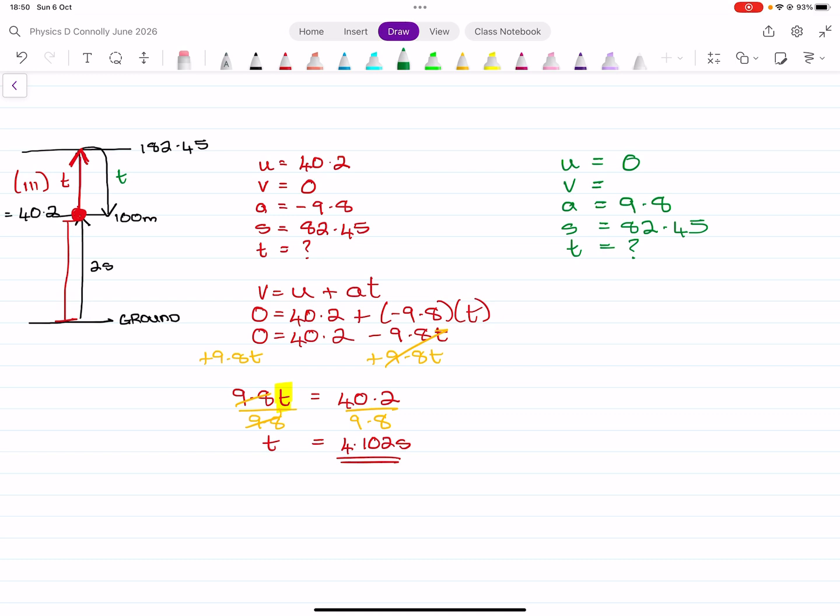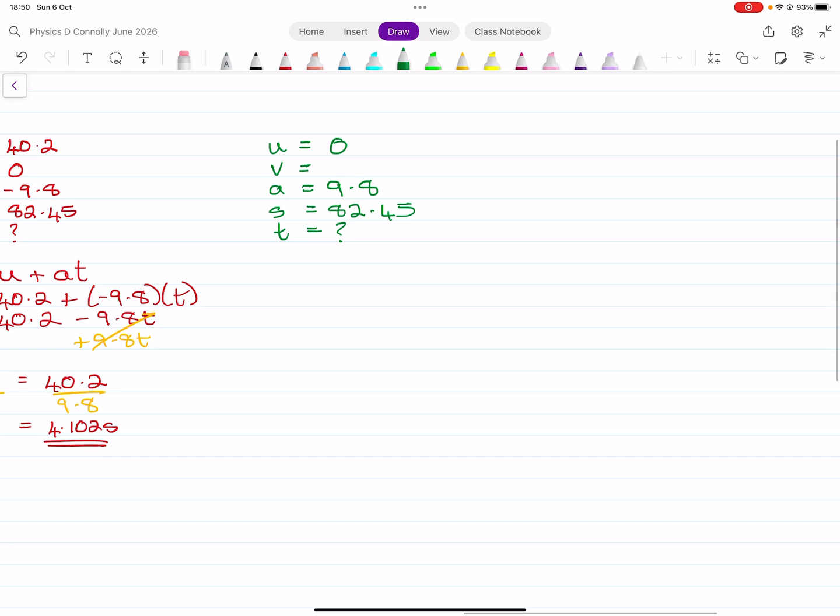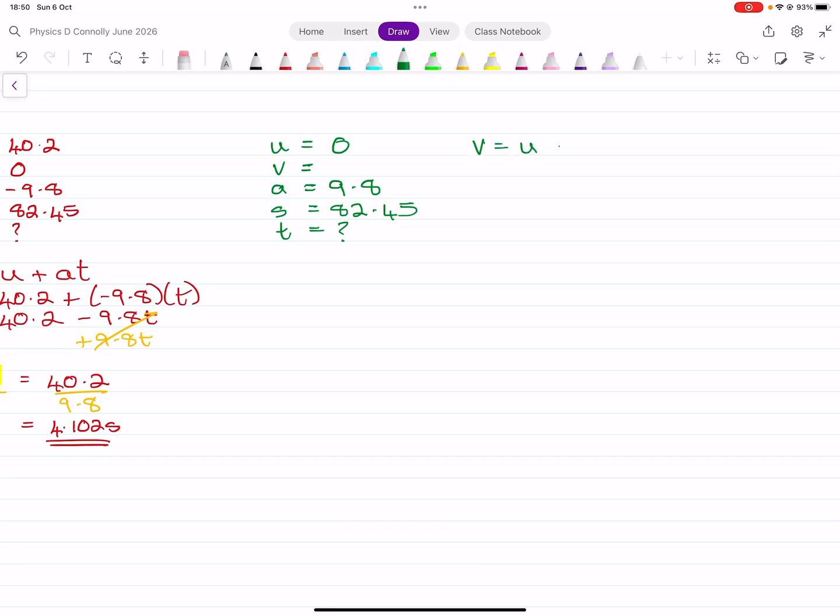I can use s equals ut plus a half at squared directly, but it's going to have a t squared, and let's not play that game. So I think if we figure out v, it's going to make it easier. v equals u plus at, v equals 0 plus 9.8t. No, I can't figure out v that way. Okay, we'll do it this way.